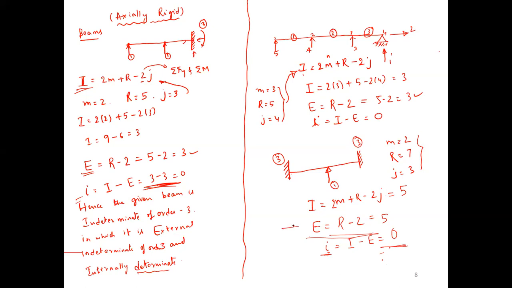External indeterminacy is 5, total indeterminacy is also 5, and internal indeterminacy is 0. Sir, internally I got 2. Please check. 0, sir. Check this problem.